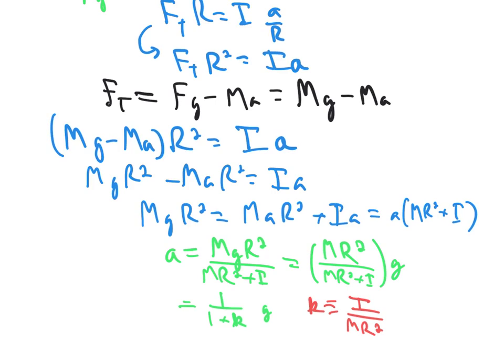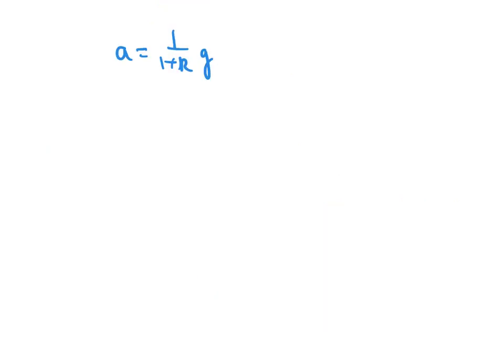So there you go. Now we're going to use the fact that both A and, of course, g are constant, and so we know that the height through which the object falls while unrolling is 1/2 A t squared, and the height through which it falls when simply free falling is 1/2 g t squared.